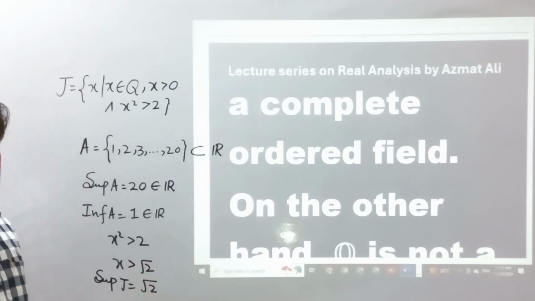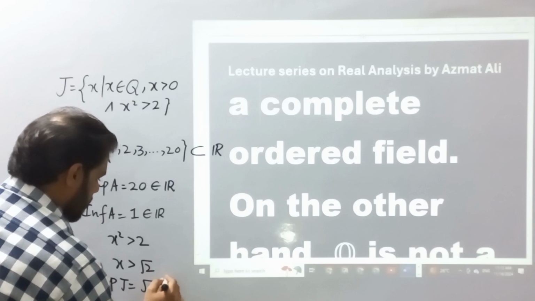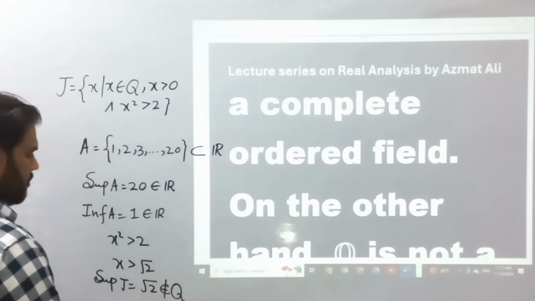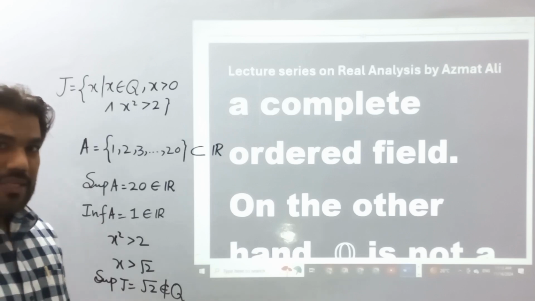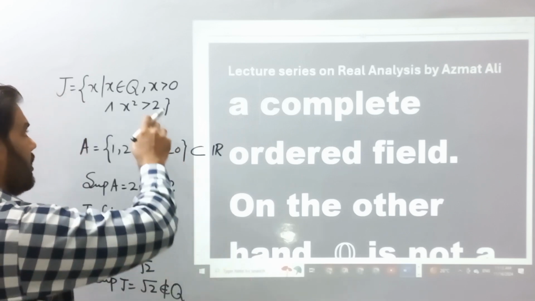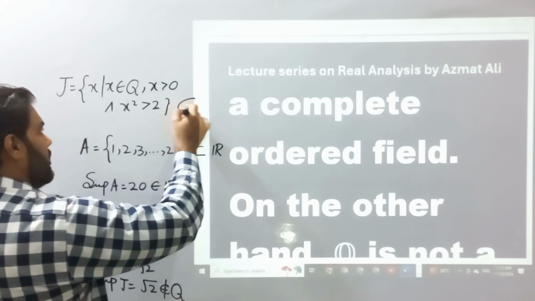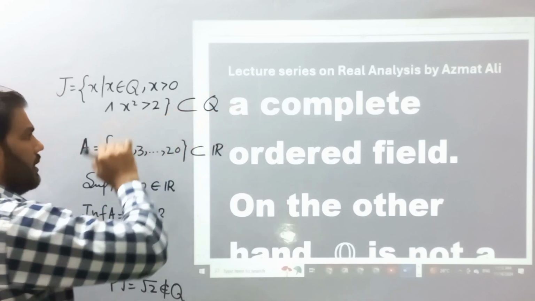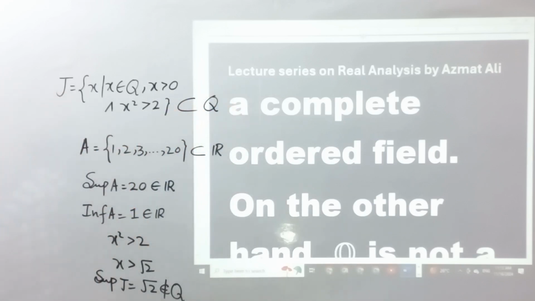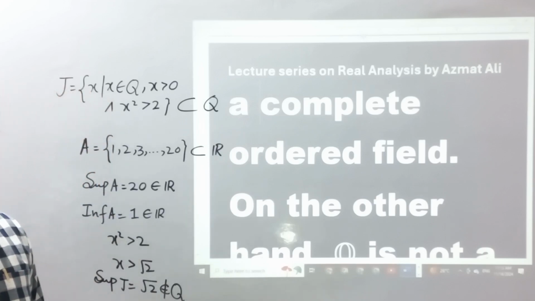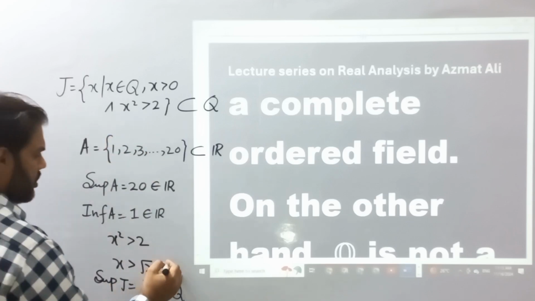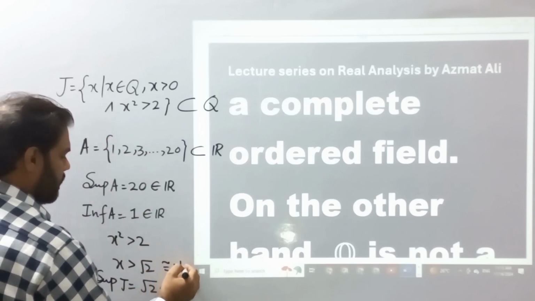But you know, square root 2 is an irrational number, and this irrational number does not belong to Q, because Q is the set of rational numbers. So clearly this is a subset of Q, and it is also bounded above because its upper bound exists. There are many rational numbers which are greater than square root 2. Square root 2 is approximately 1.41.